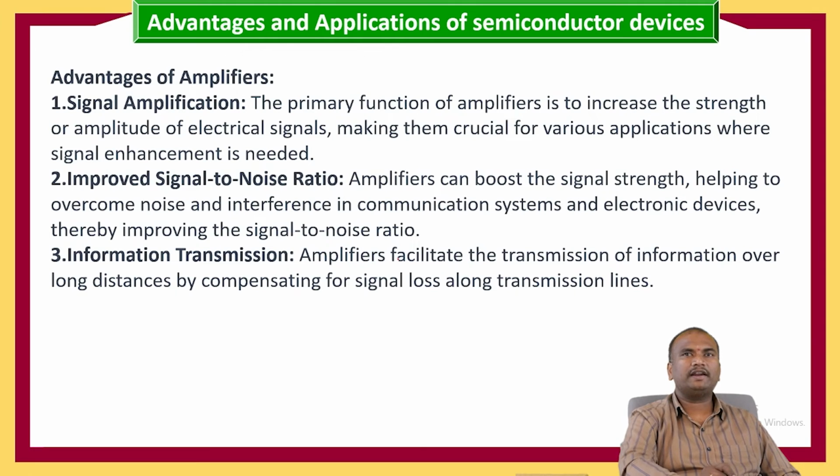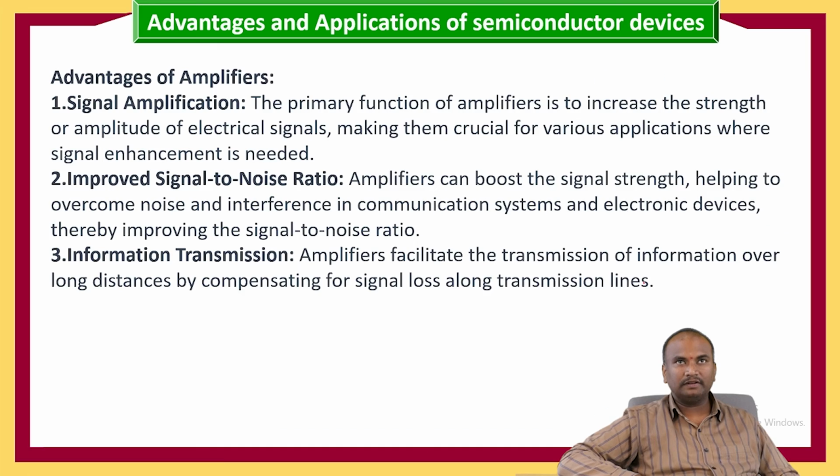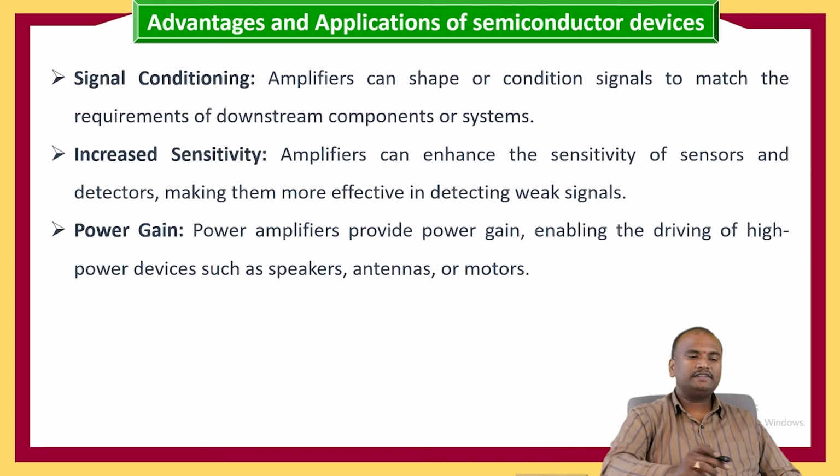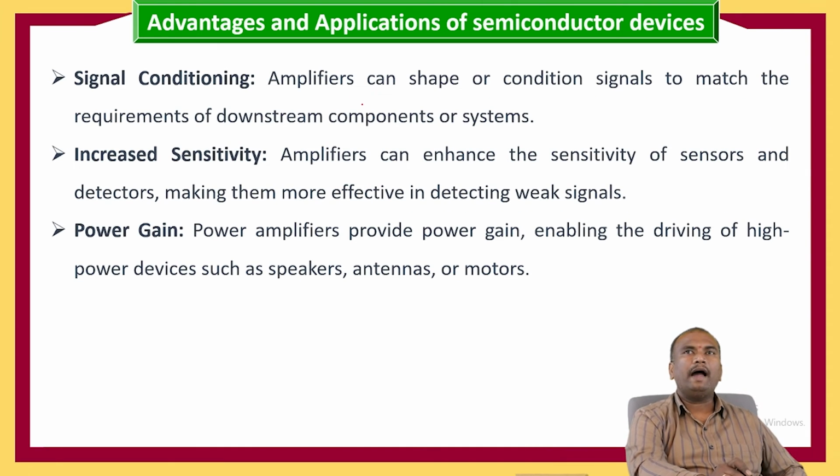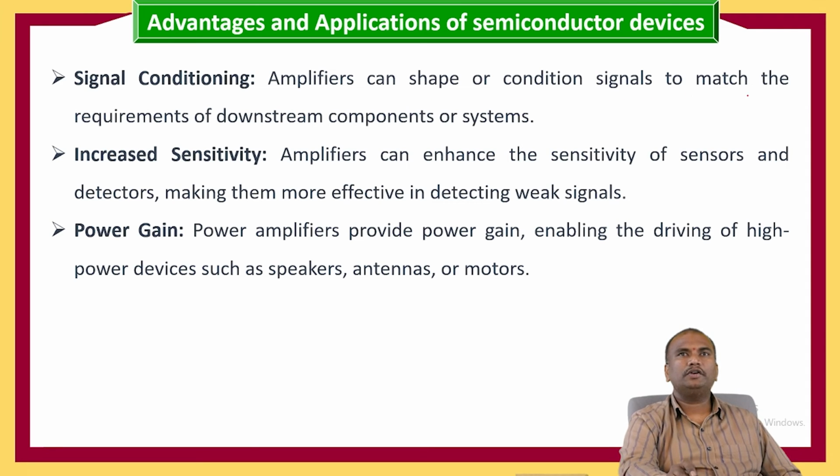And information transmission: amplifiers facilitate the transmission of information over long distances by compensating for signal loss along the transmission lines. And signal conditioning: amplifiers can shape or condition signals to match the requirements of downstream components or systems.